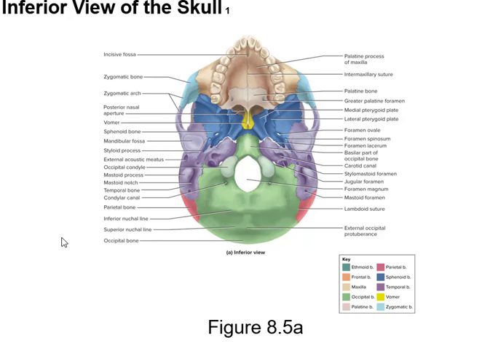You can take a screenshot of this. This is the inferior view. So if you tip it up, you take the jawbone off, and you look up, and you can see the hard palate. You can see the palatine bone. Of course, you always have a nice landmark like the foramen magnum, the large hole.